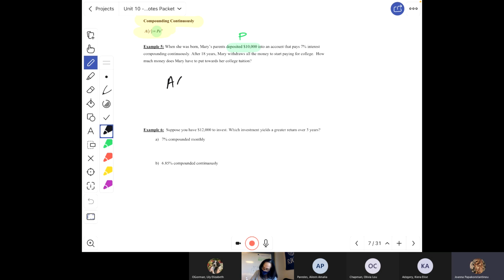Okay, so I'm substituting into this formula 10,000 for P times e. What's the rate? 7%. So that's r. And then we want to know how much she's going to have after 18 years. So I'm substituting in 18 for t.